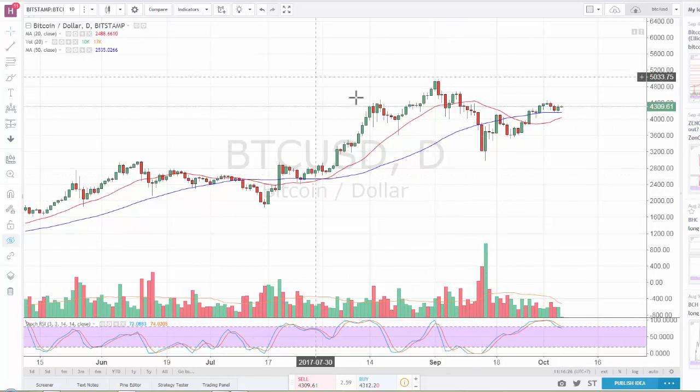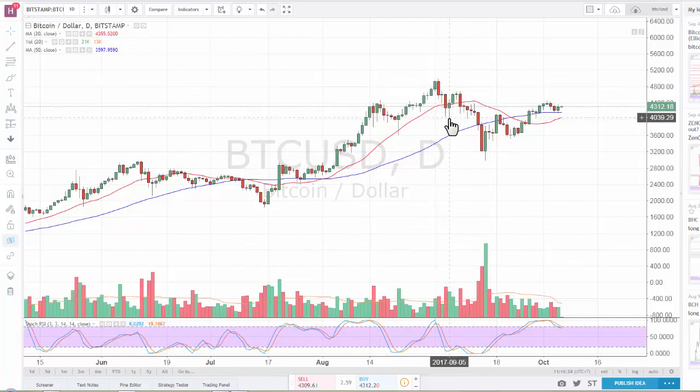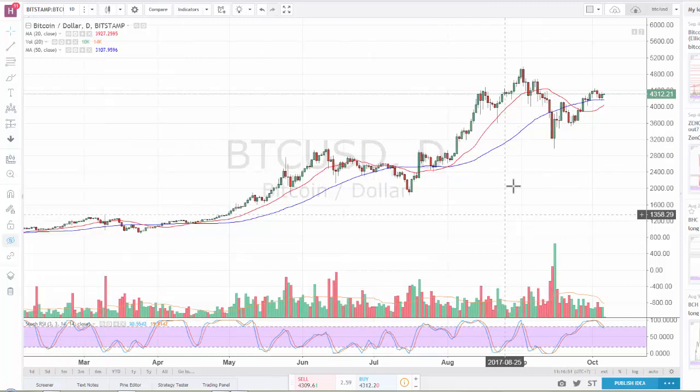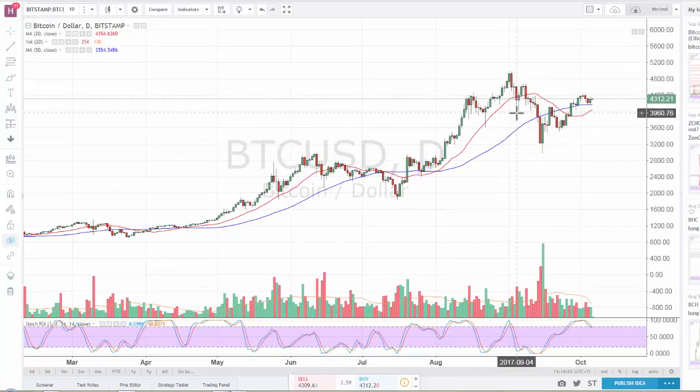For an ABC correction to be true, the vertical distance of A needs to be equal to the vertical distance of C. And we can see here C is a lot longer than A. So this is not an ABC correction. I mean, it doesn't have to be the exact number and the exact decimal, but it has to be something very close to be an actual ABC pattern.